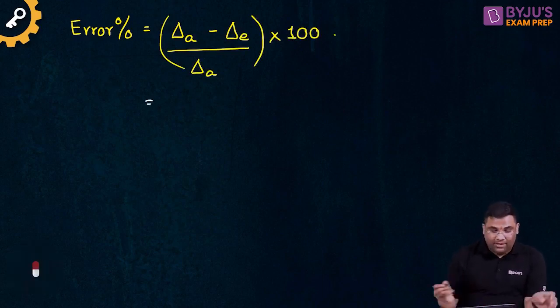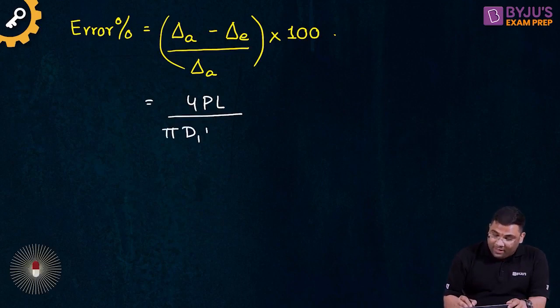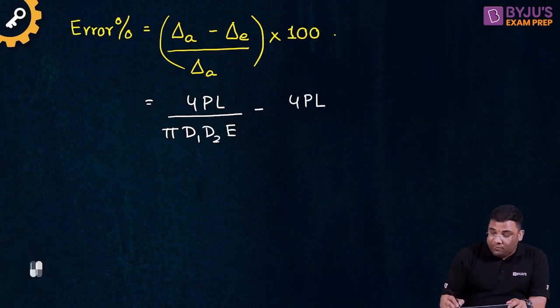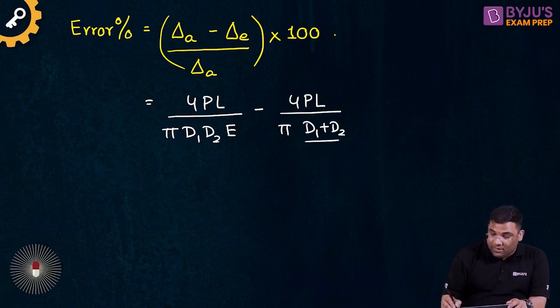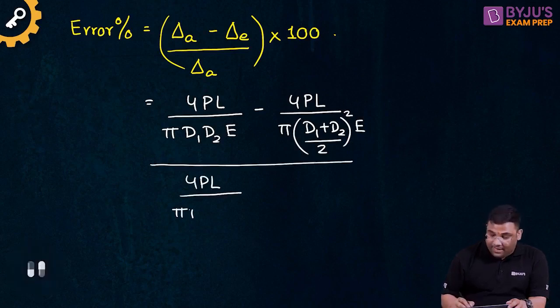The actual one was 4 PL by pi D1 D2 into E, and the error one was 4 PL by pi, D1 plus D2 by 2 whole square into E, divided by the actual one, 4PL by pi D1 D2 into E, and then into 100.